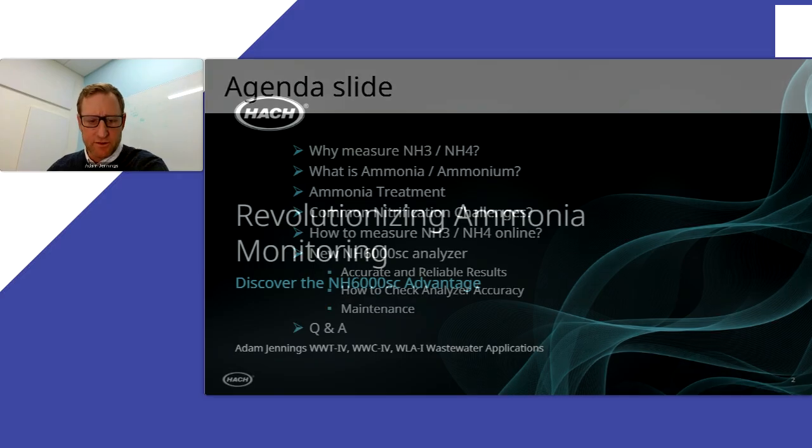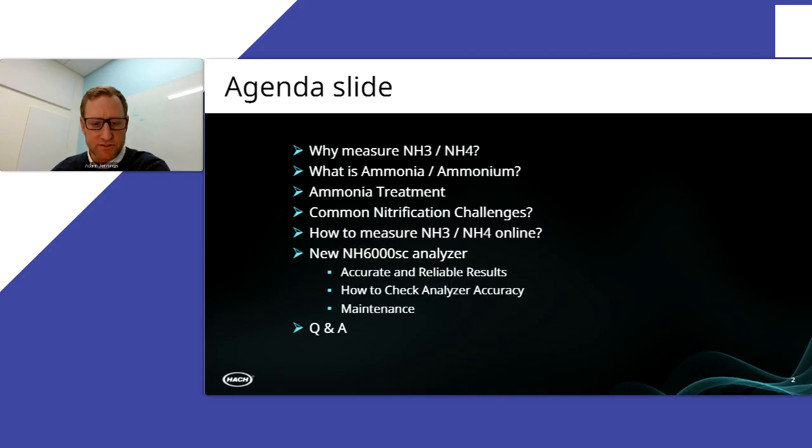So we'll go into some NH3, NH4 monitoring. We'll kind of talk about what the differences are between ammonia and ammonium. We use those terms pretty interchangeably in the field often, but there are some really important nuances between what those two terms mean and what they are. We'll get into ammonia treatment.